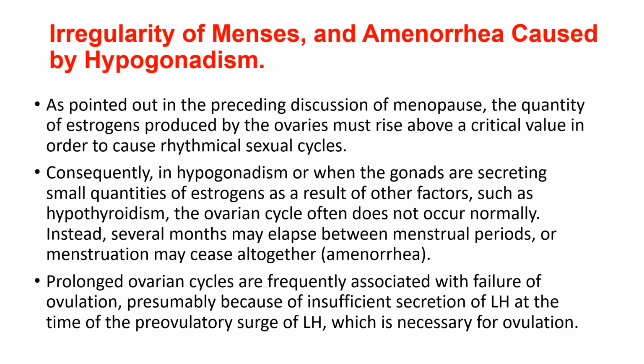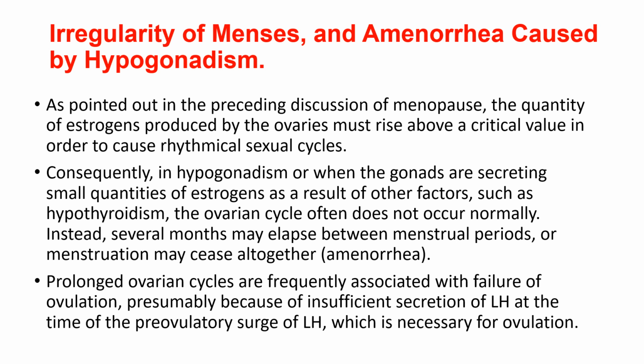Irregularity of menses, and amenorrhea caused by hypogonadism. As pointed out in the preceding discussion of menopause, the quantity of estrogens produced by the ovaries must rise above a critical value in order to cause rhythmical sexual cycles. Consequently, in hypogonadism or when the gonads are secreting small quantities of estrogens as a result of other factors, such as hypothyroidism, the ovarian cycle often does not occur normally.